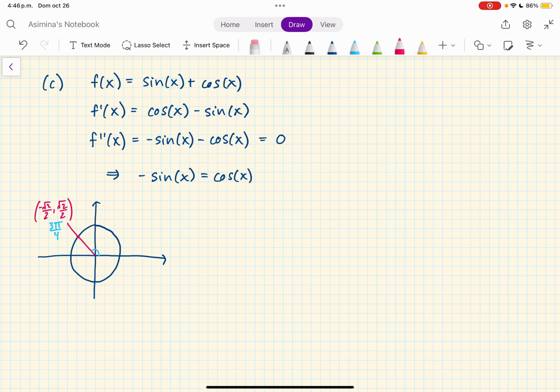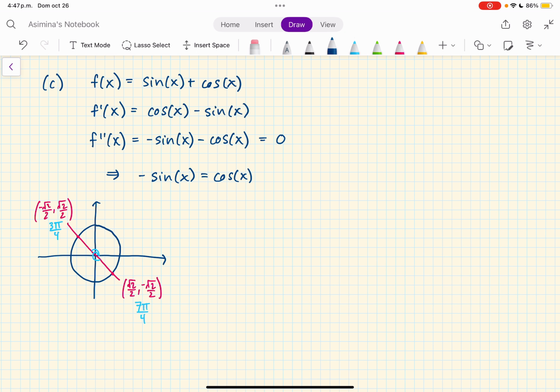And the other place that happens is directly across from there, here, where cosine is root 2 over 2, but sine is minus root 2 over 2. And that angle here, it's a little harder to draw, but this angle is 7 pi over 4.